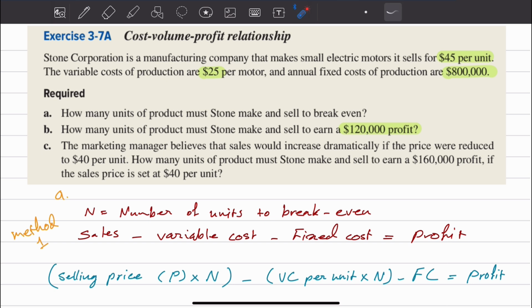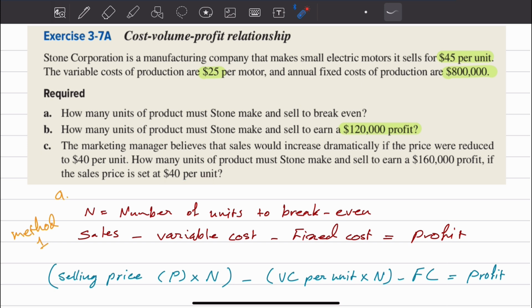Now let's read part C. It says the marketing manager believes that sales would increase dramatically if the price were reduced to $40 per unit. Okay, so from $45 per unit, it's going to be reduced to $40 per unit. How many units of product must Stone make and sell to earn 160,000 profit if the sales price is set to $40 per unit.